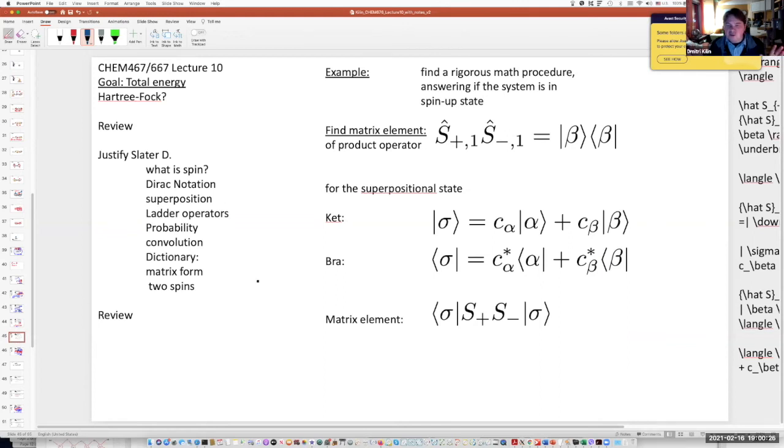So generally, if you speak about any spin, we should be able to describe the bra and ket of any spin with C alpha and beta and C star alpha and beta. And there is a typical operation to find the expectation value of an operator, or convolution of bra, operator, and ket.